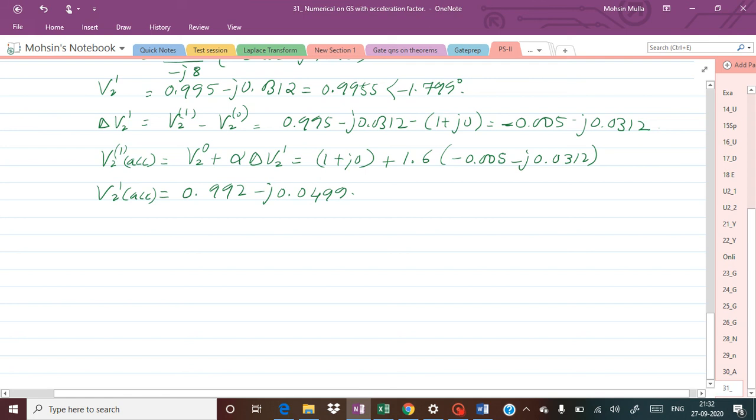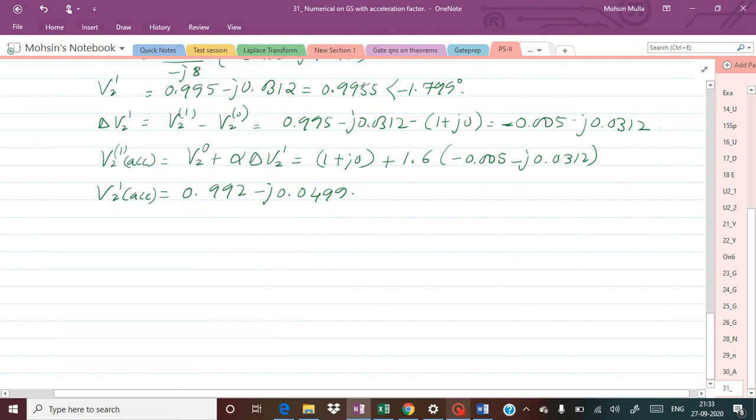Because of the acceleration factor, the real term has been improved, and the imaginary term is also improved. Because of this, the required result will be reached sooner, in fewer iterations.